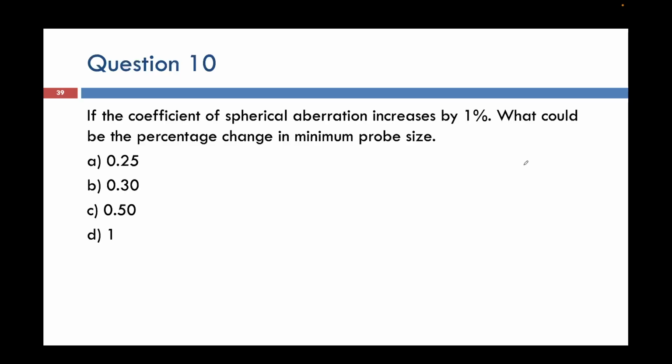If the spherical aberration coefficient increases by 1%, it is A. Yes, A is the answer, because D minimum varies with the spherical aberration coefficient to the power of 1/4, right? So the answer is A.